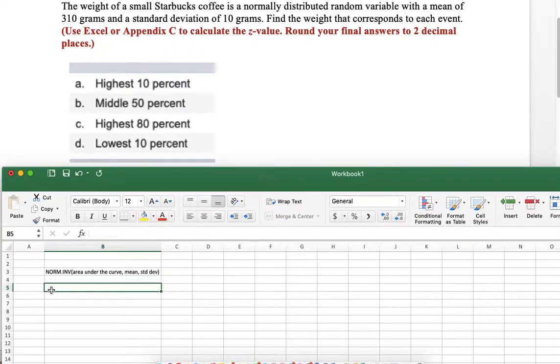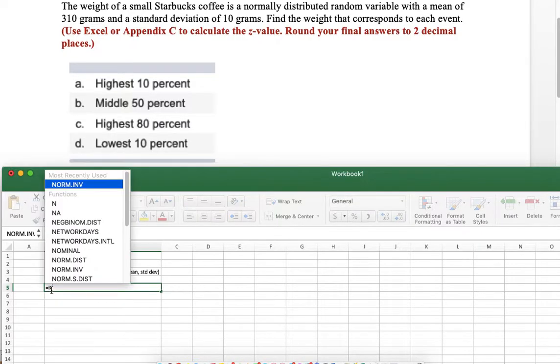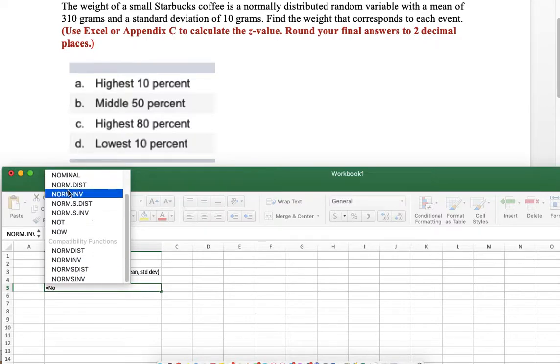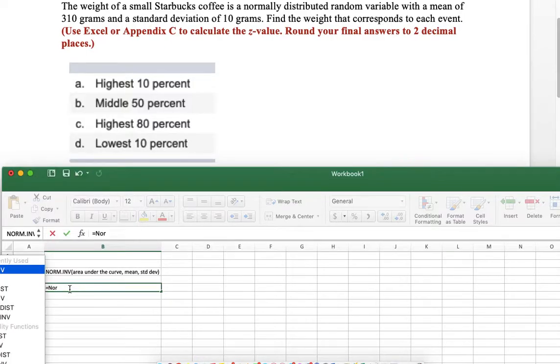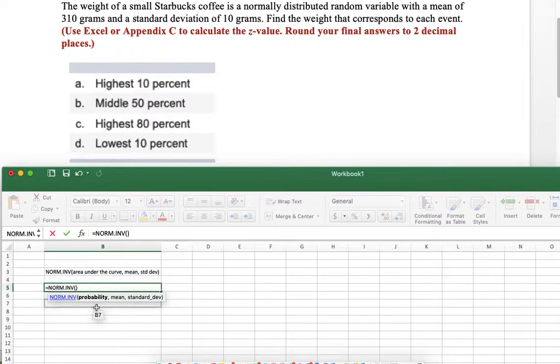In Excel, you can just hit the equal sign and start typing norm, and it pops right up: NORM.INV. Then we type in the area under the curve, to the left of the 10%, and that is 0.90.